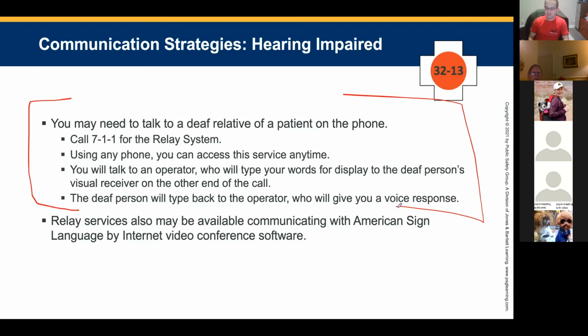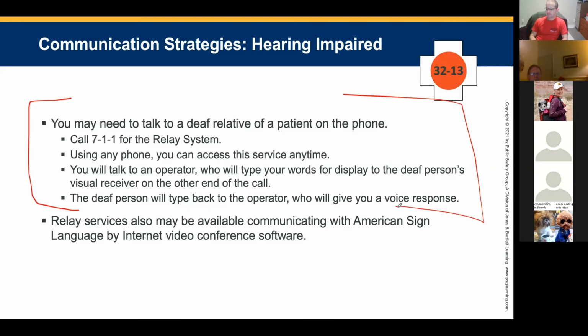It kind of seems like you would use that when you're on the phone, not necessarily if you're already there with someone, where you could almost just type and text. You're right, Kelly. I guess my question is, in what situation might you find yourself having to use that system specifically?